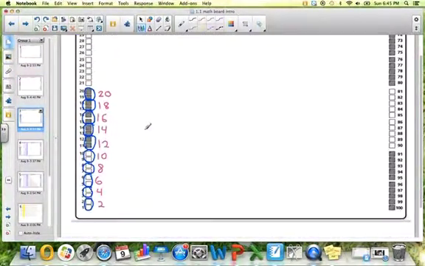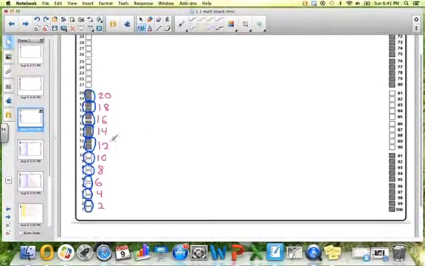Okay, welcome back. So hopefully your whiteboard looks something like this with twos written all the way up to 20. And now we are going to look and see what we have so far. So what we have is, down here, we have one group of 2, which is 2. Great.